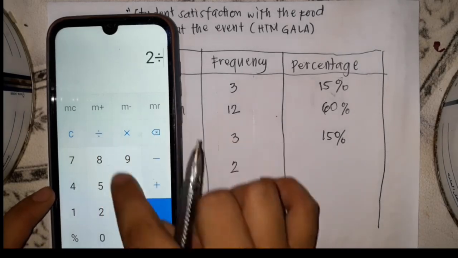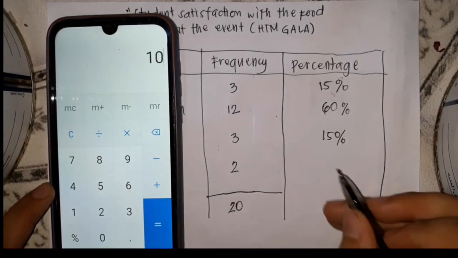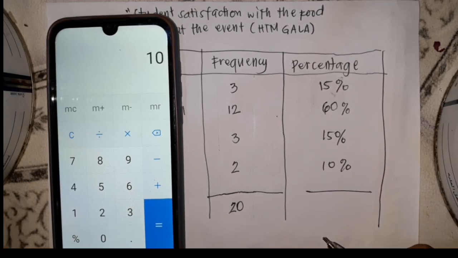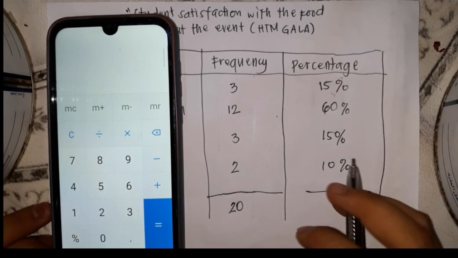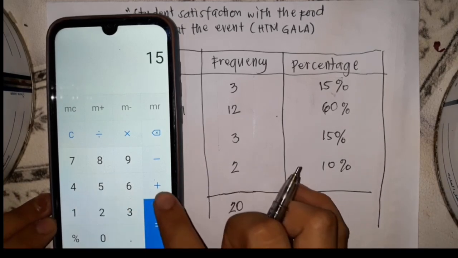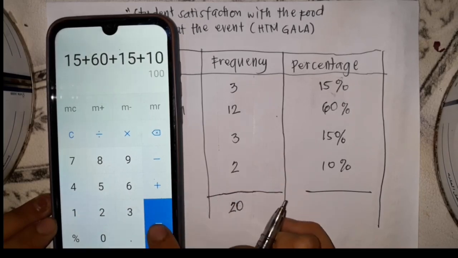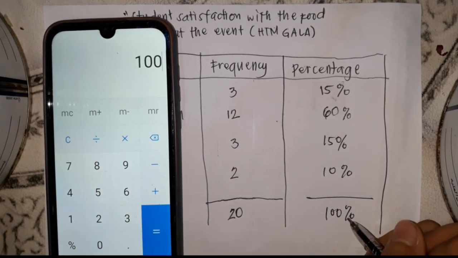Lastly, 2 divided by 20 is 0.1, times 100 is 10%. So, we total the percentage. 15 plus 60 plus 15 plus 10 equals 100%. If you get 100%, then our calculation of the data is correct.